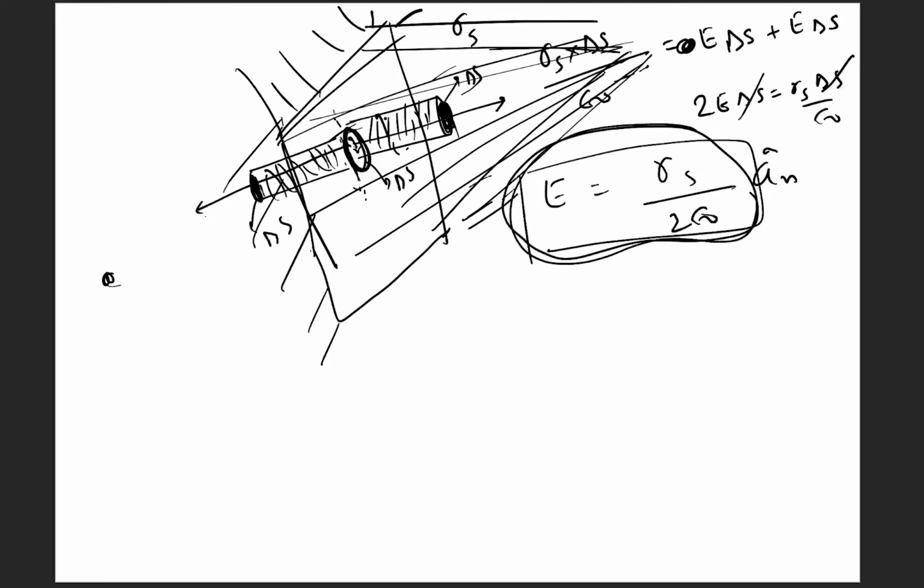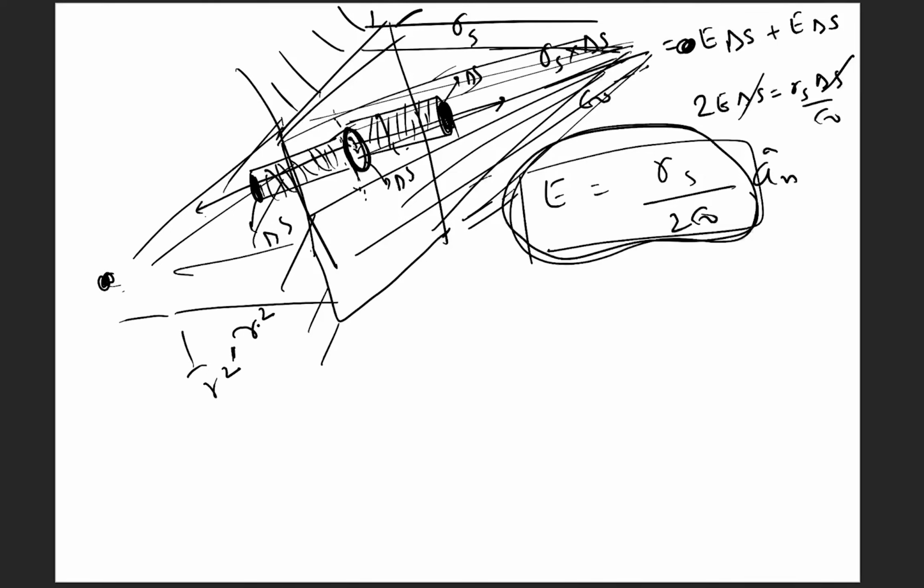So kind of a squared relation is there. Similarly on this side also, so a squared relation is there, and the field reduces by 1 by r squared, while the charge will increase by r squared, so this will get cancelled out. So in this sense we can see that E is going to remain constant in magnitude on both sides of the sheet.